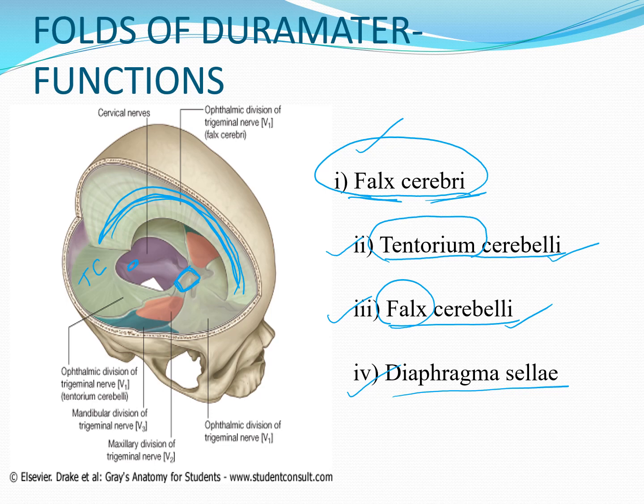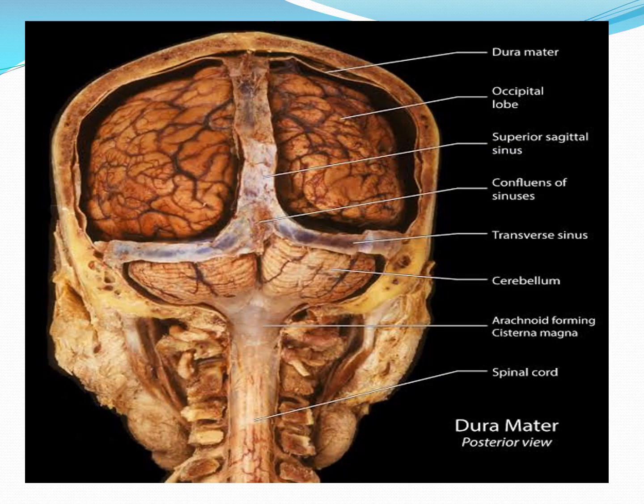Let us see each fold in detail. So here in the slide you can see the folds of dura mater which divide the cranial cavity into compartments. As you can see, this is the falx cerebri and this is the tentorium cerebelli.